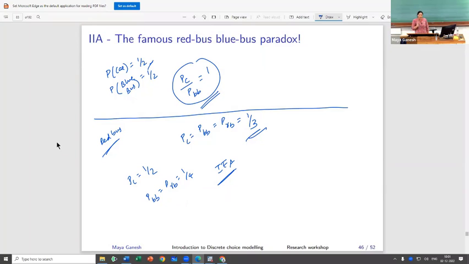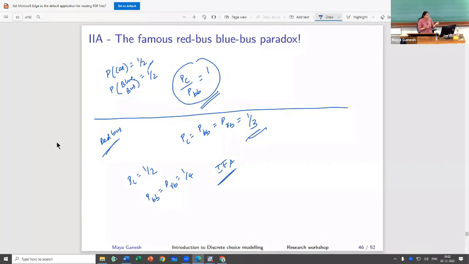right? So of course there is also a test for this IIA in empirical terms, right? You don't have to worry about it. So there is something called a Hausman-McFadden test. In fact, the intuition for this test is very simple, right? So all it does is, what are we saying? If new alternatives are introduced, the ratio should not change, right?